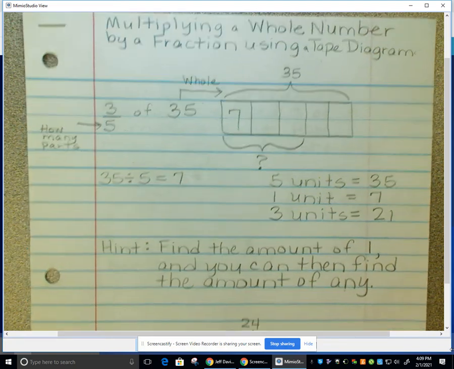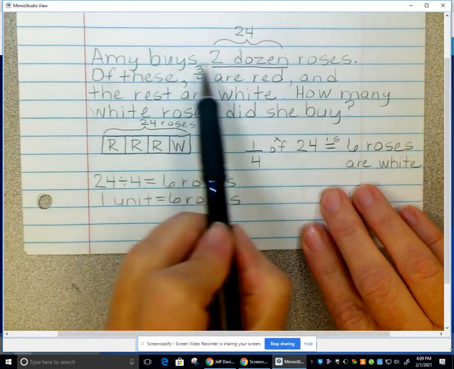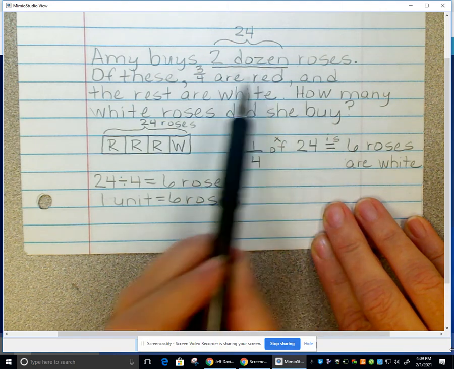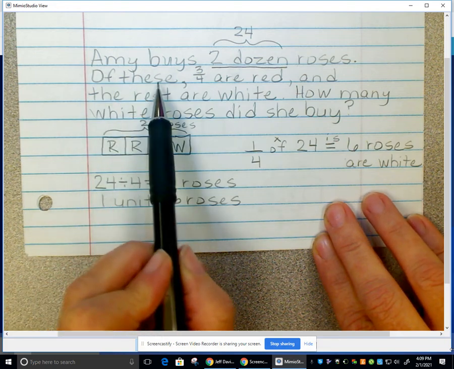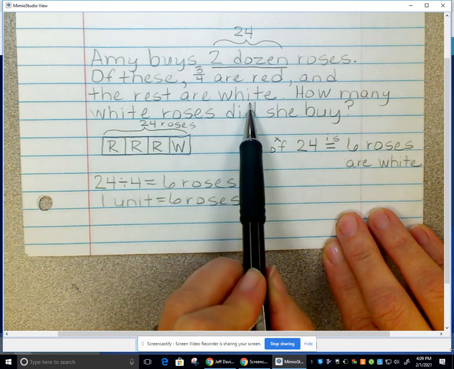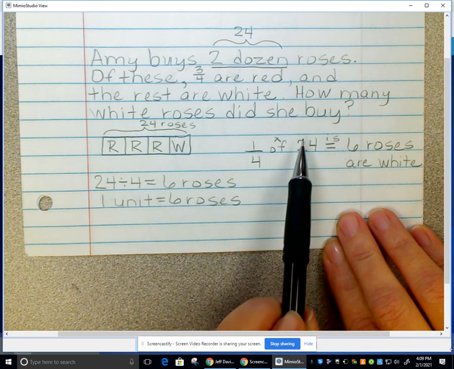All right, and let's look at it in a word problem. It says Amy buys 2 dozen roses, and we know 2 dozen is 24. Of these, and there's that beautiful word "of these," 3/4 are red, and the rest are white. How many white roses did she buy?